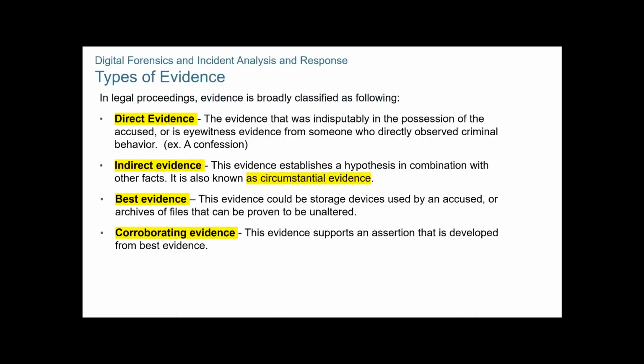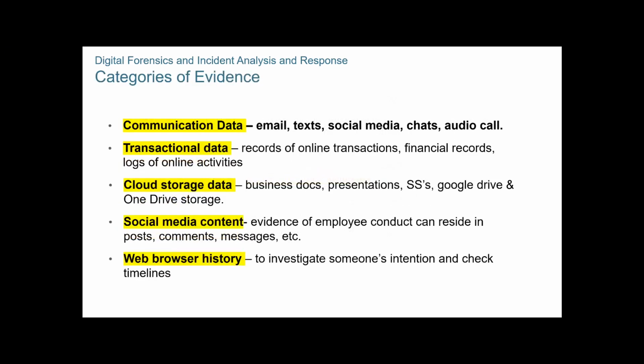Indirect evidence we call circumstantial, because we can develop some kind of theory or hypothesis from it. Best evidence could be storage devices, but you have to be careful with that as well, or archives of files. Of course, when we're talking about digital files, that's a whole other can of worms. And then corroborating evidence is evidence that supports another assertion. Of course, direct evidence is what we aim for in forensics.